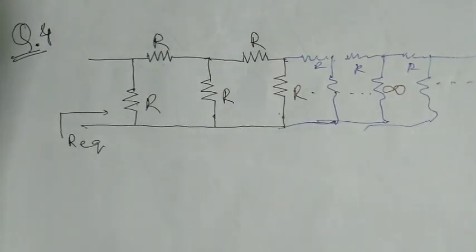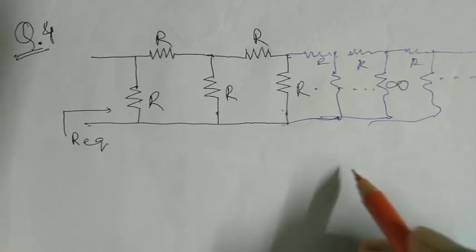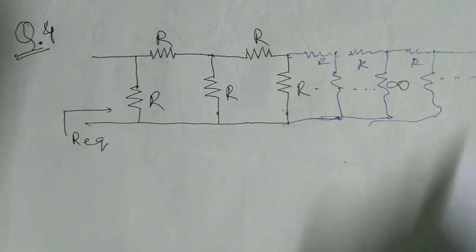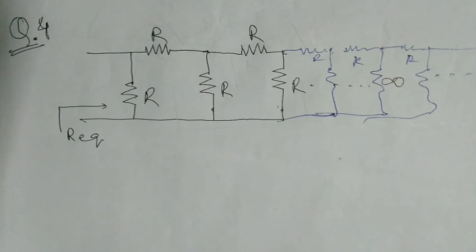Okay, so how to solve this type of circuit? Many times you have solved some mathematics like this: root over x plus root over x plus root over x plus root over x equal to something, and solve for x. It's almost like that. Now how to solve?